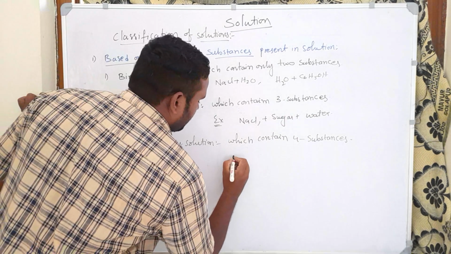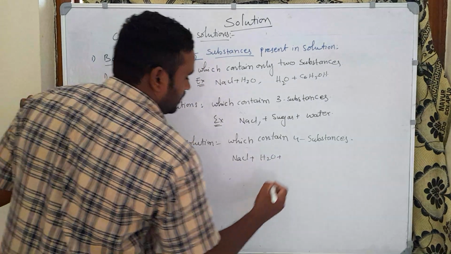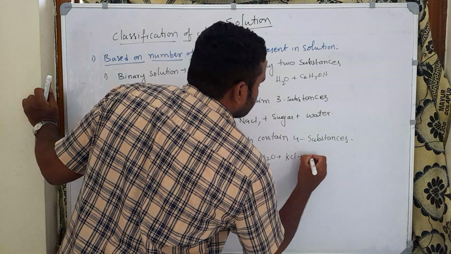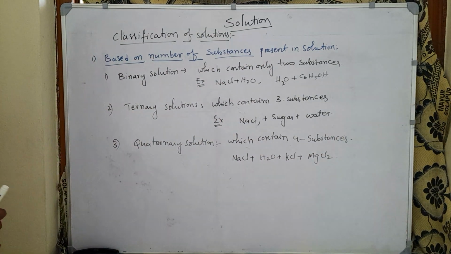Example, NaCl plus H2O plus KCl plus MgCl2, magnesium chloride. All these are examples of quaternary solutions. This is the classification of solutions based on the number of substances present in it: binary solutions, ternary solutions and quaternary solutions.